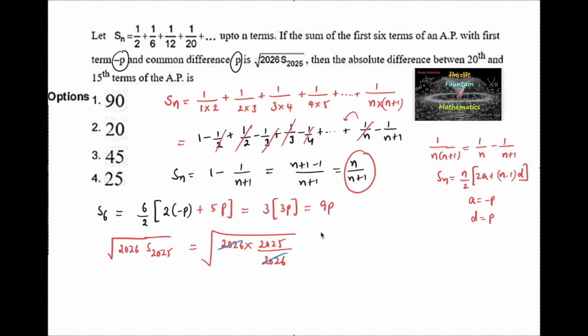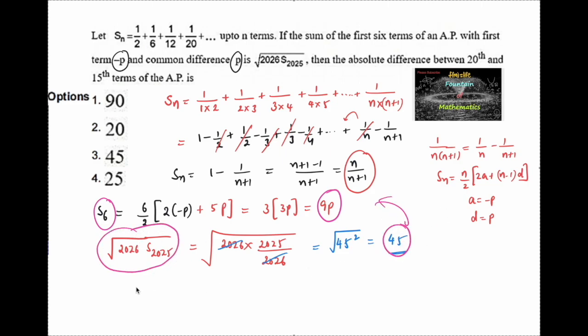So 2026 gets cancelled, and the square root of 2025 is, 45 squared is 2025, so 45 we can give. So the 9p value, that is the S6 value, is given as root of 2026 into S 2025. So 9p is equal to 45, which implies p is equal to 5.